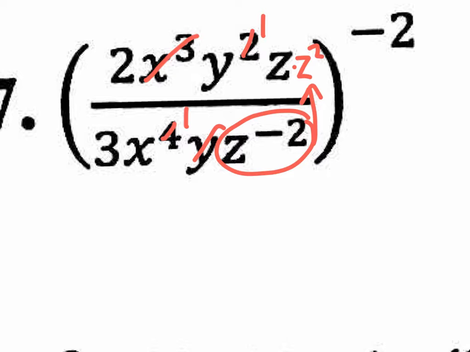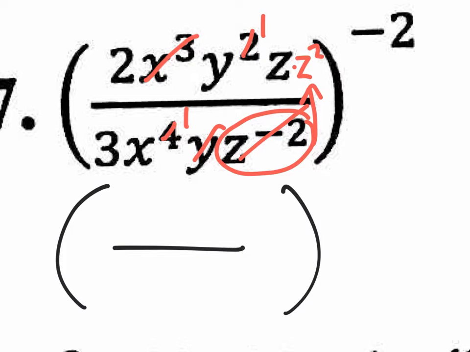Okay, so since I sketched it in there, I'm going to just scratch it out. Does that make sense? I moved that z to the negative 2 up. Now it's right next to the other z. And of course, when I rewrite what I have, I want to have a 2 left over. So let me put 2 right there. I have y to the 1, because it's a y to the 1.